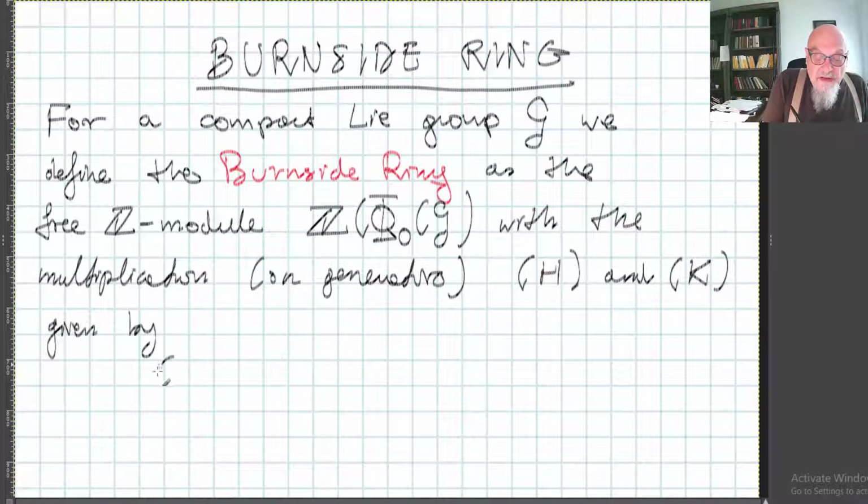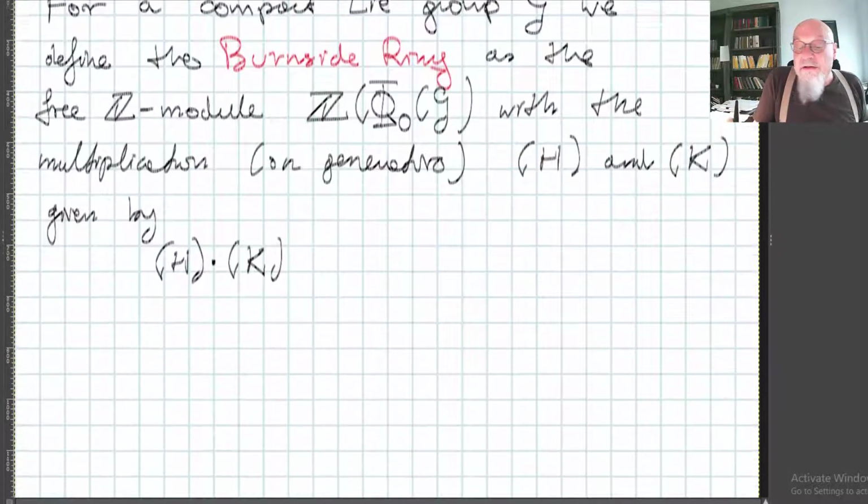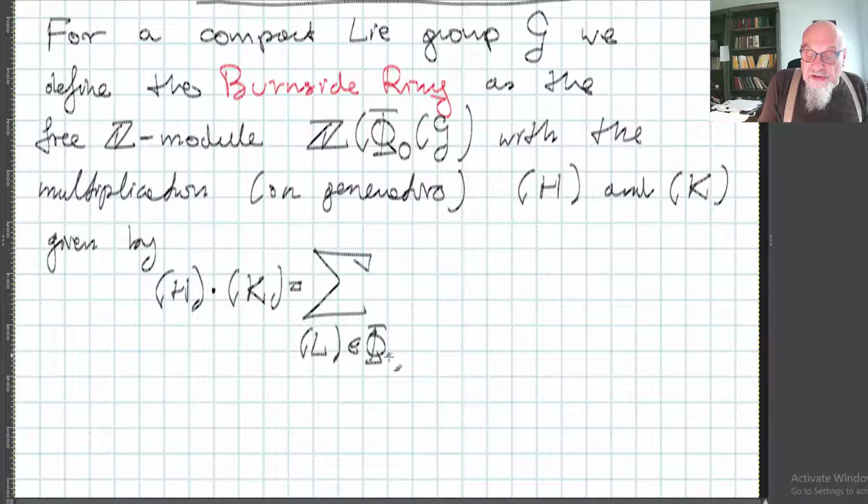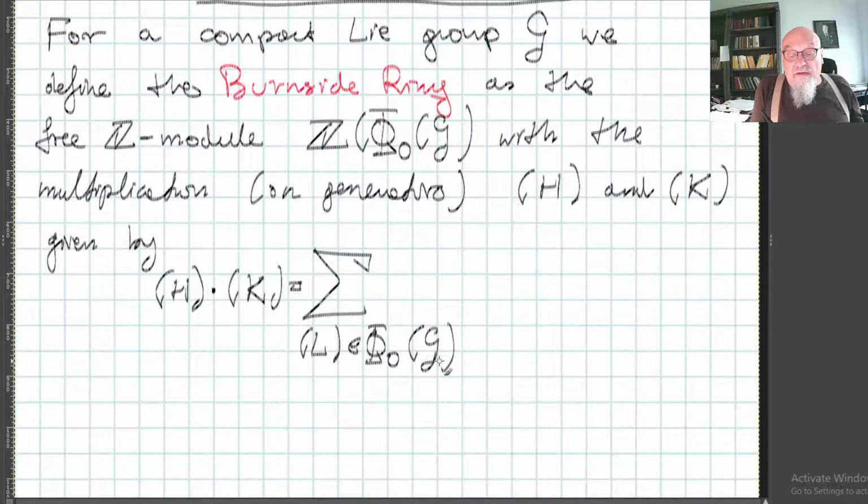the formula that if we take H and you want to multiply by K, then this is going to be a sum, and this will be L belonging again to the set of those free generators. Recall, this is the set phi 0 G is the set of all conjugacy classes of subgroups with the finite Weil group.